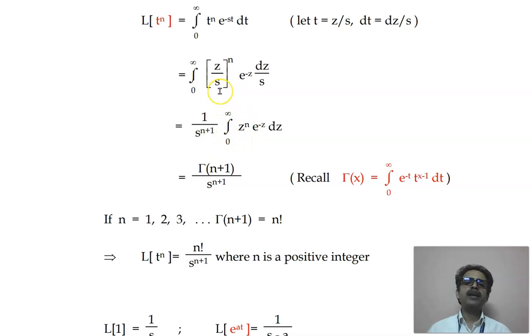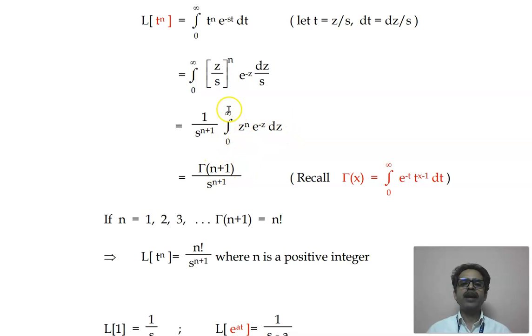Here you can see that in the denominator s has a power n plus 1, so you can take 1 upon s raised to n plus 1 outside the integration, and you can see this integral. You have seen this integral in the previous course. It is actually gamma of n plus 1.